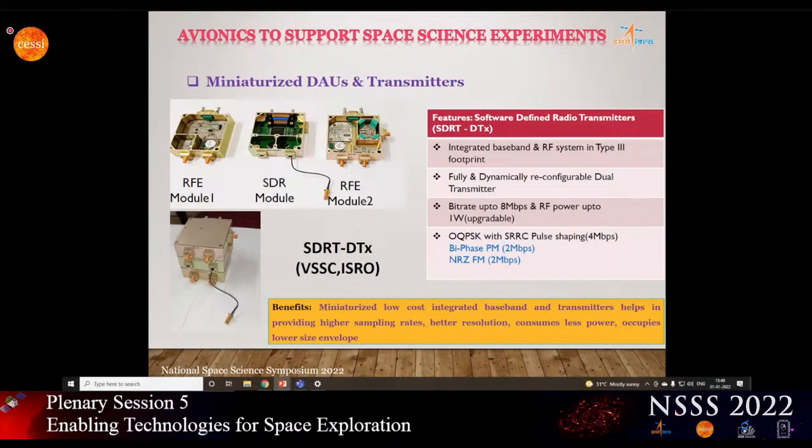So with these miniaturized, low power consumption modules, it will provide a bigger and bigger footprint for our scientific payload, and it will provide a highly accurate transmission system along with better resolution, because we are using 12-bit ADCs here, so resolution is improved to 12 bits.